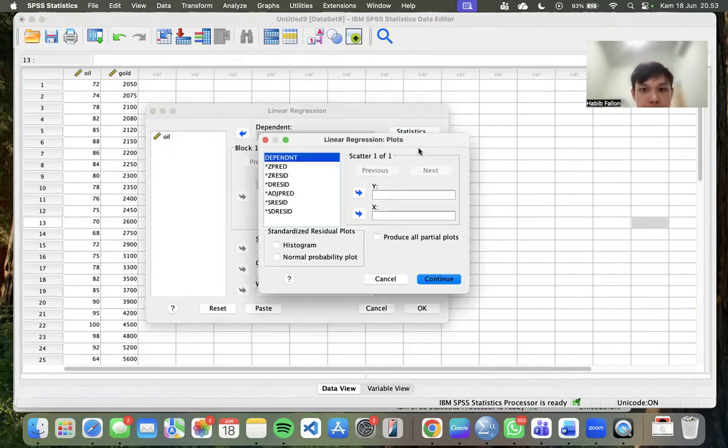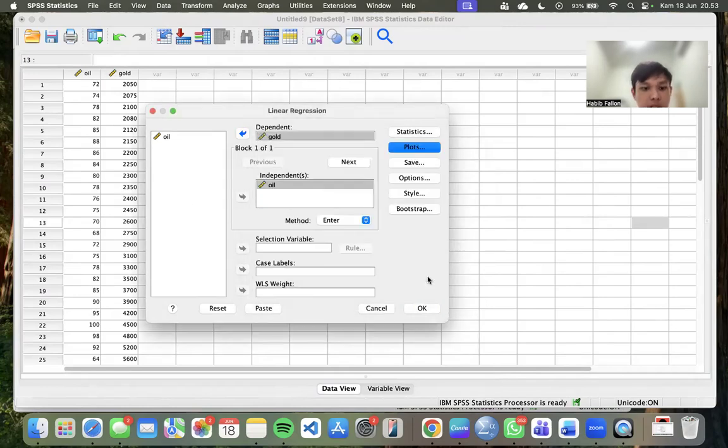Then we go to Plots, and the ZPRED is on the X and the ZRESID is on the Y, like this. After that, don't forget to check the normal probability plot also, and then Continue. And then we click OK.